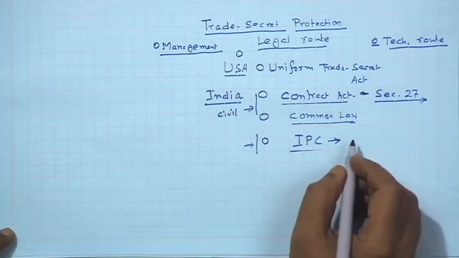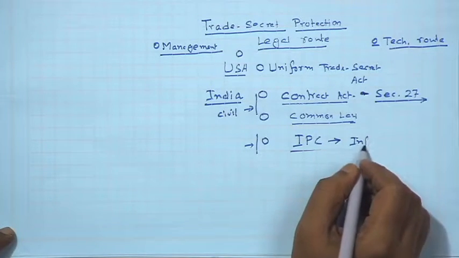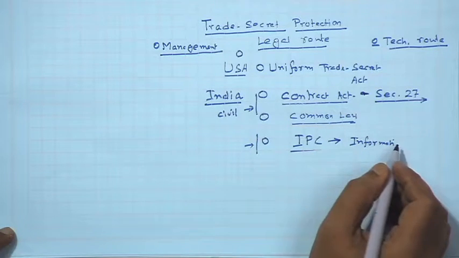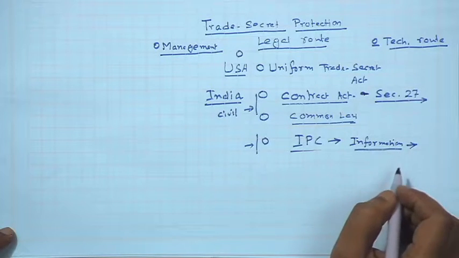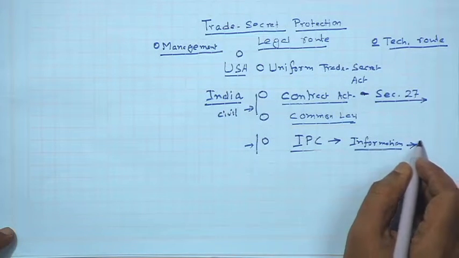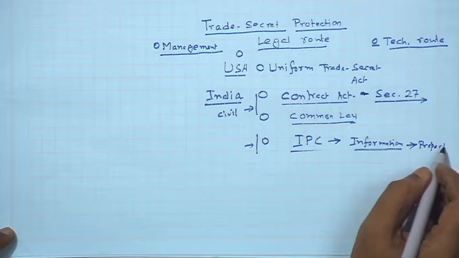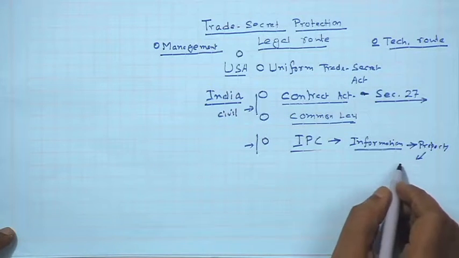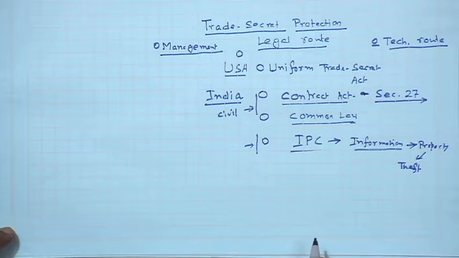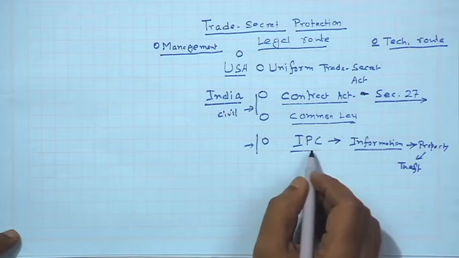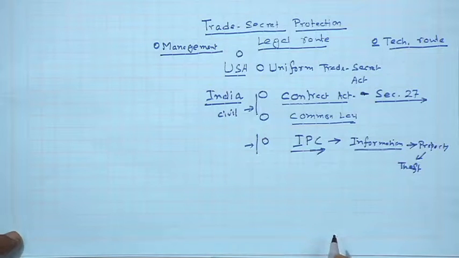If you consider that a trade secret is information having value, and put it in the form of property, and treat it as theft of property, then I think you can apply the Indian Penal Code and criminal provisions for protection of trade secrets.